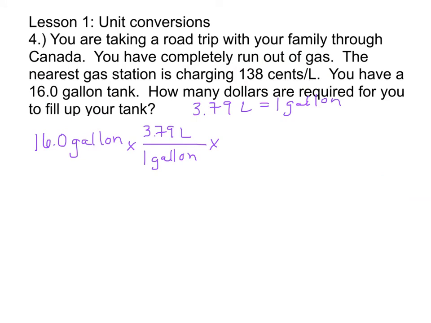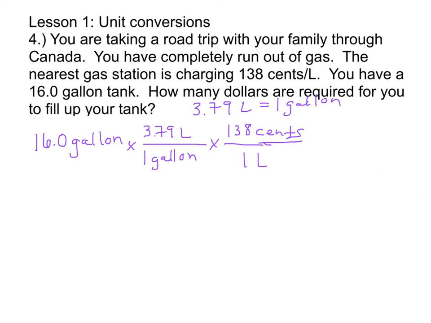And now we can use this price per liter to convert into the money that's required. So we can say that we have 138 cents is required for every 1 liter that we purchase.